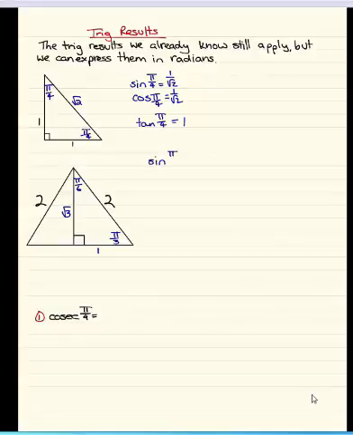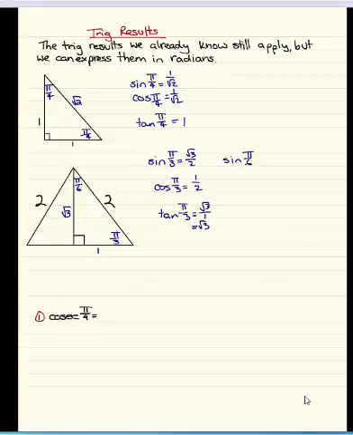So sine of pi over 3, so opposite over hypotenuse, is root 3 over 2. Cos of pi over 3 is 1 on 2. And tan of pi over 3 is, sorry, root 3 over 1, so it's just root 3.